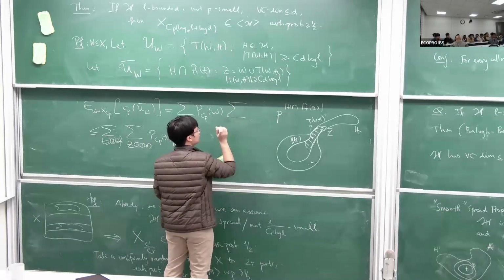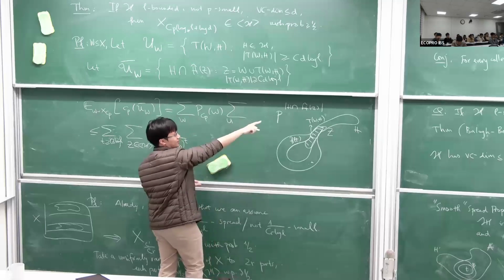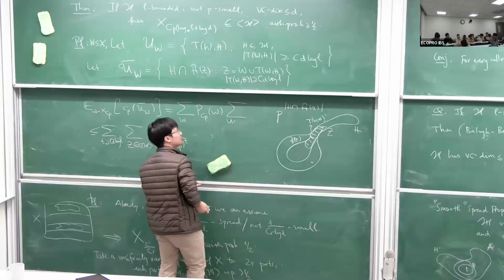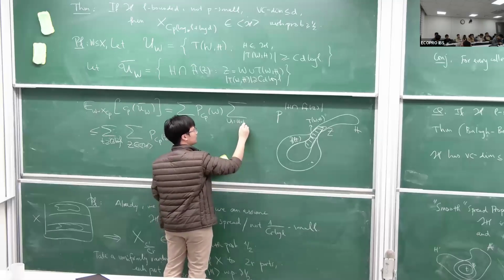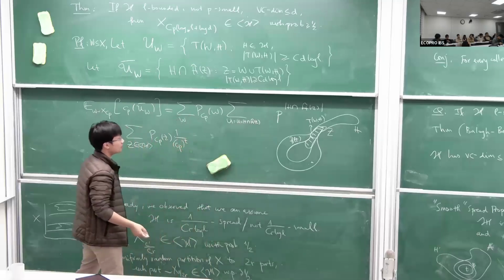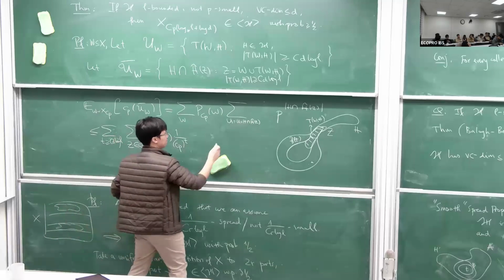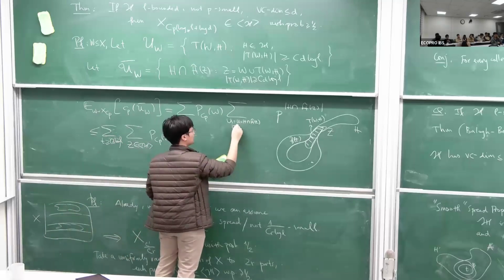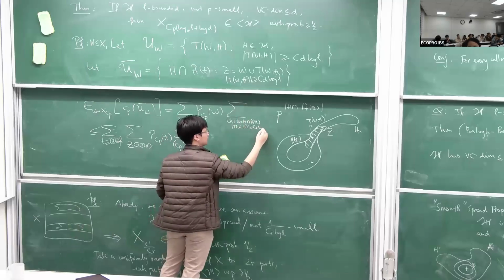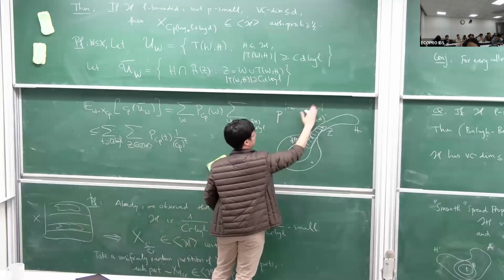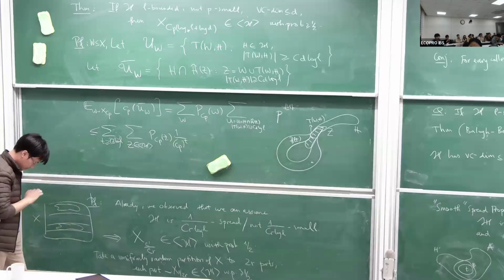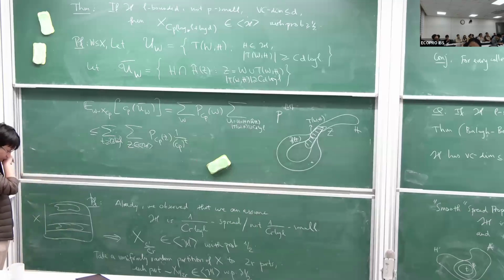So here, I'm going to sum not exactly over H, but I'm going to sum over all of the sets U that can be written in the form H intersected with H hat Z, for some H from the family script H, where the fragment T of WH is large. And here's just P to the size of U. So the sum has to be in U, not in H. That's a somewhat more important point.